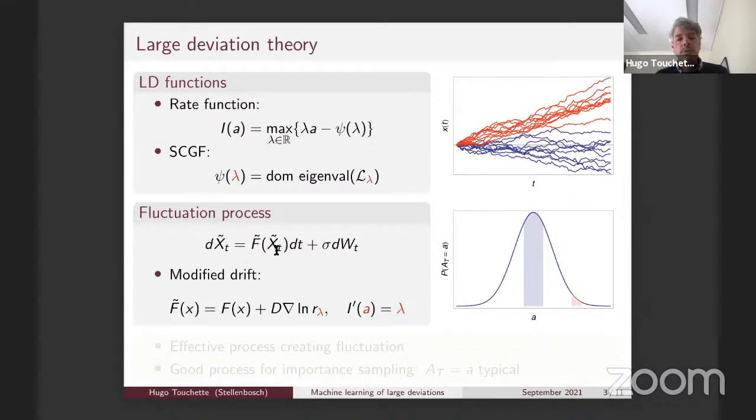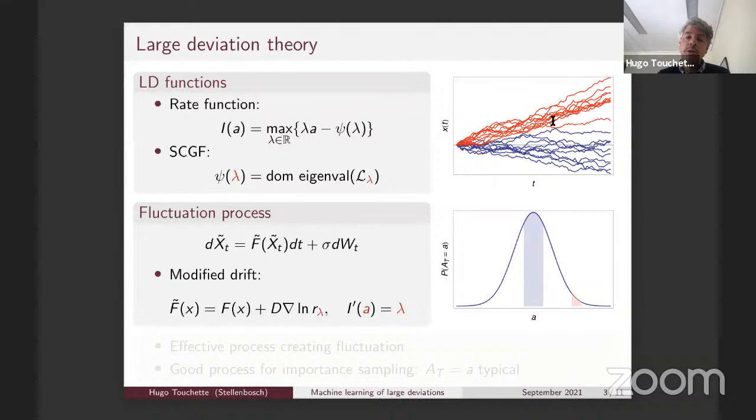In the case of a diffusion, for instance, the fluctuation process is a diffusion in which the drift is modified by the gradient of the log of the eigenfunction. So the scaled cumulant generating function will be the dominant eigenvalue, and if you select the eigenfunction related to this dominant eigenvalue, then with this eigenfunction, you can compute a modified drift, which we see here, which will give you the modified drift of the fluctuation process describing those red trajectories that I have here.